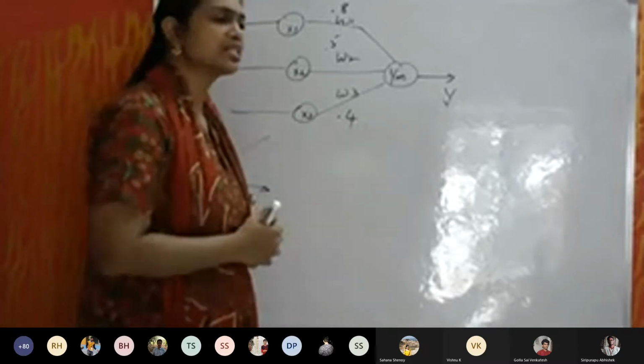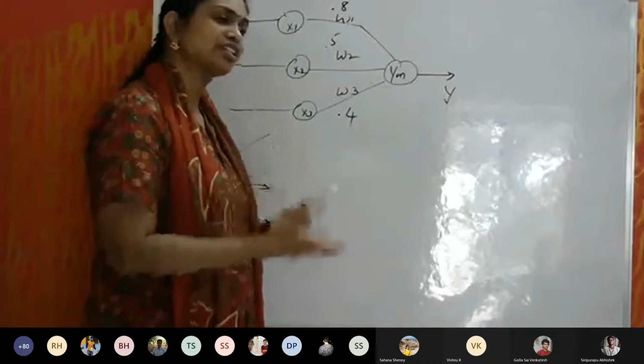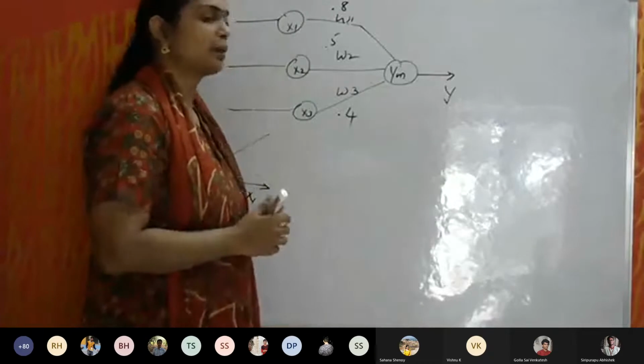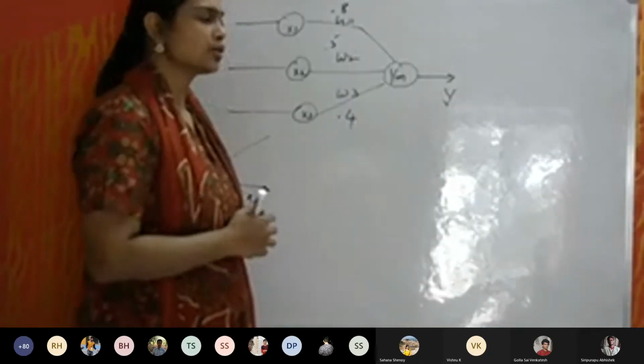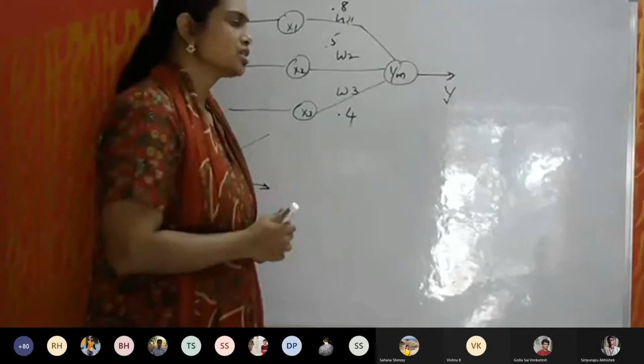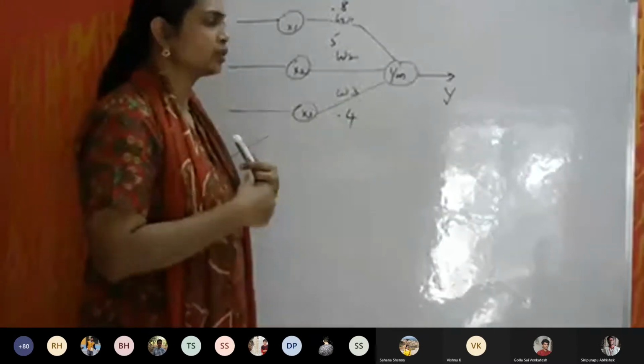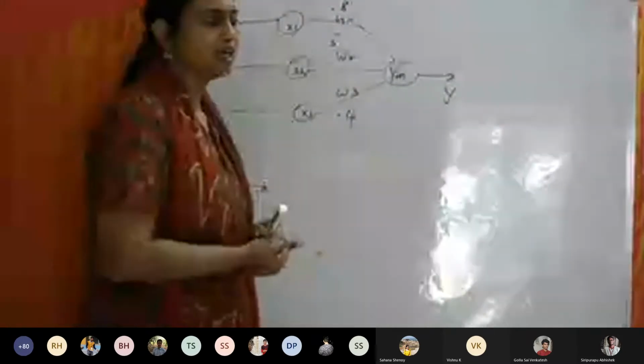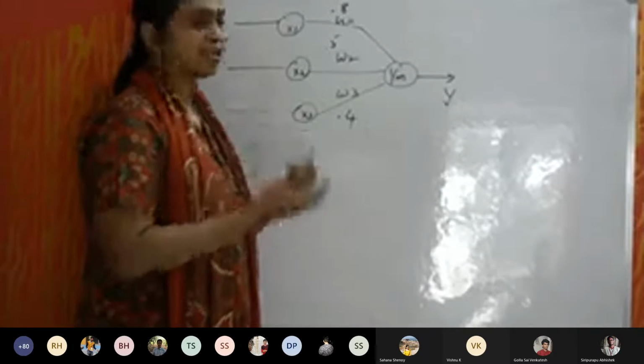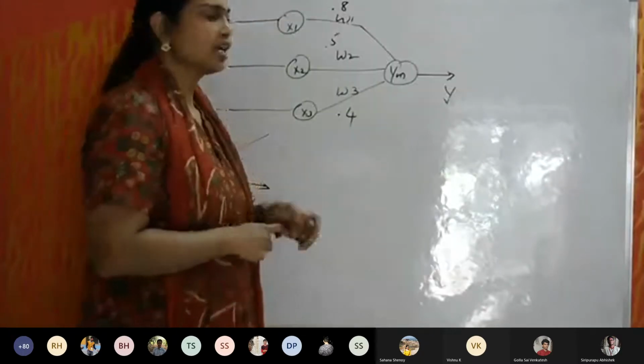So this response depends on some function that we need to apply on the input. So what is that function? The function that gives me an output is called an activation function.